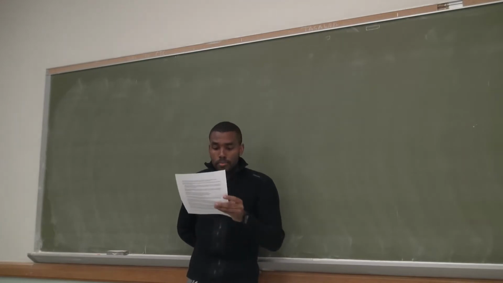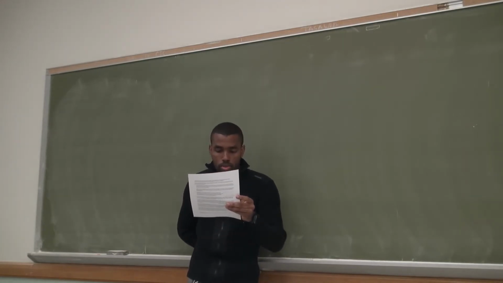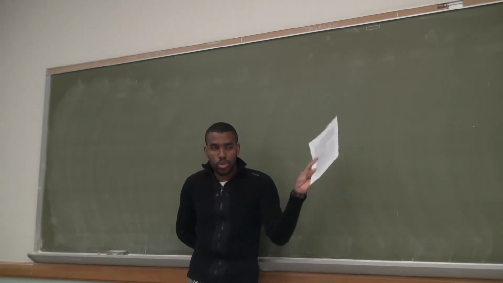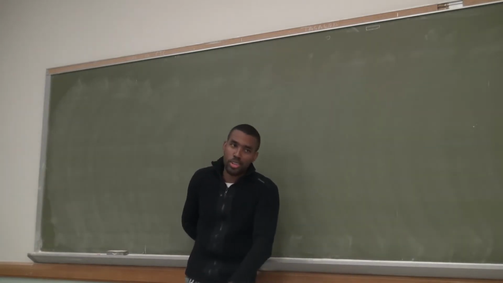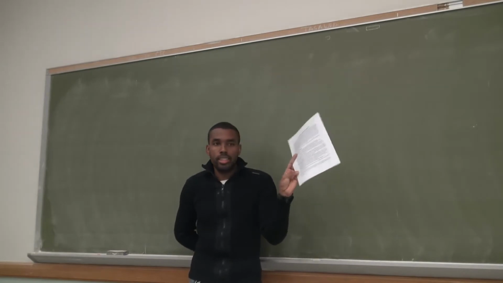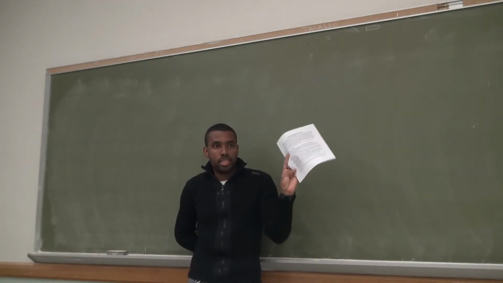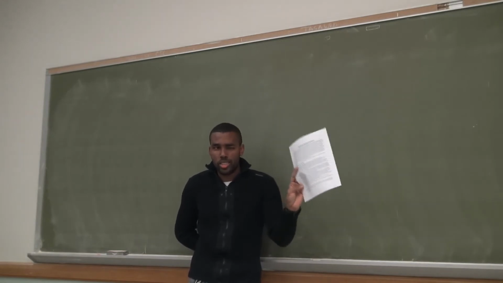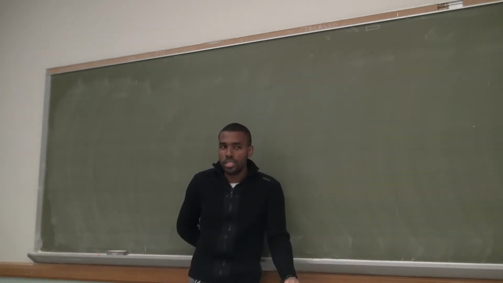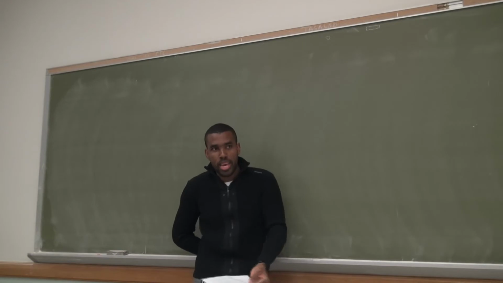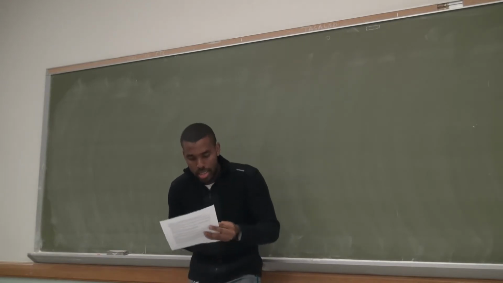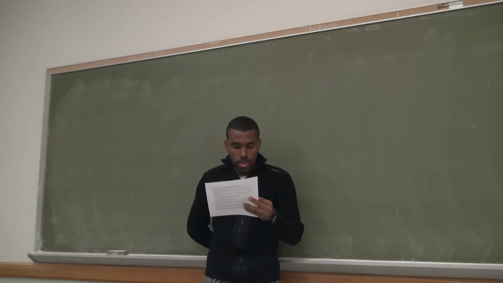So the next one is, now that you have it in one variable, you want to maximize or minimize that, which we know how to do. Use the first derivative, find critical points, and so on. And then 6 is to answer the problem. So you are going to be asked something very specific, make sure you answer it. So if they ask you for the dimensions of a certain shape, make sure you tell them that as opposed to something else. And I'll talk more about that as well.